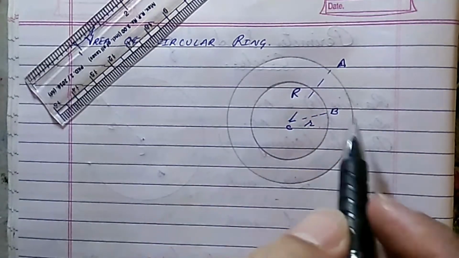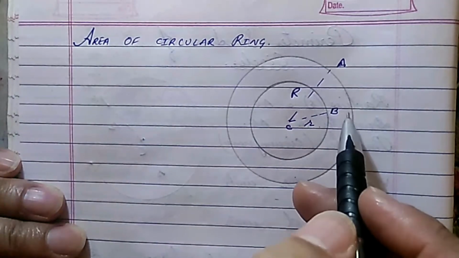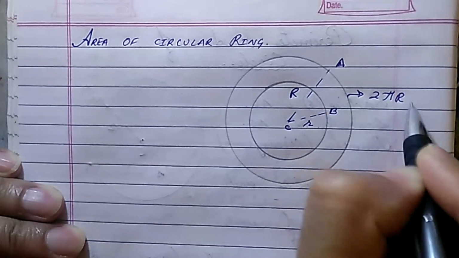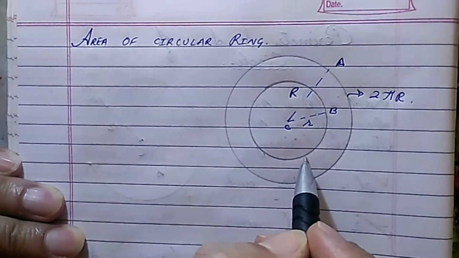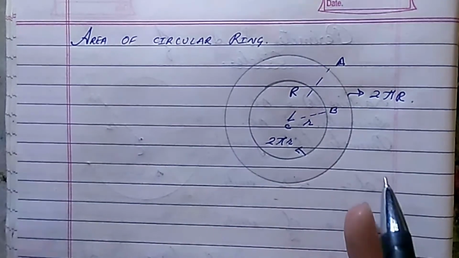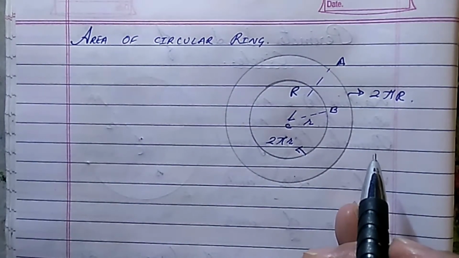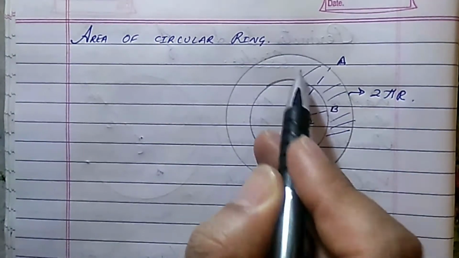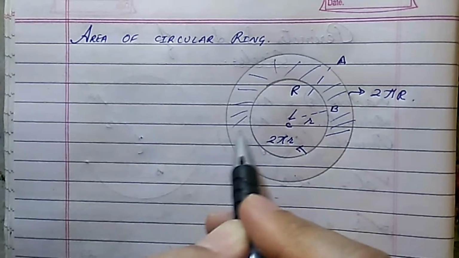Now the outer circumference of this circle will be 2 pi capital R and the inner circumference will be 2 pi small r units. Now when we talk about the area of the ring, we are talking about this portion, like we get to see in case of a CD or a DVD.